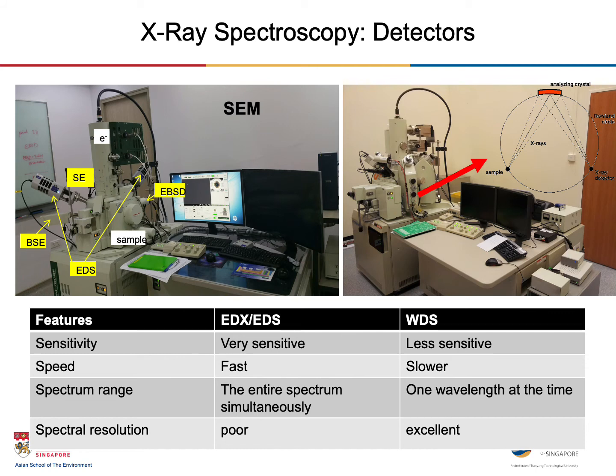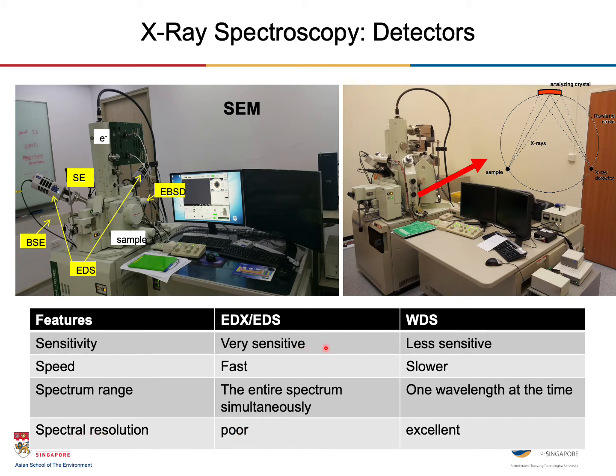So why do we have two different detectors? Each of these detectors has its strengths and weaknesses, and depending on what the application is, one detector may be more suitable than the other. On the bottom part here is a summary of the performance of each detector in terms of sensitivity, speed, spectrum range, and spectral resolution.